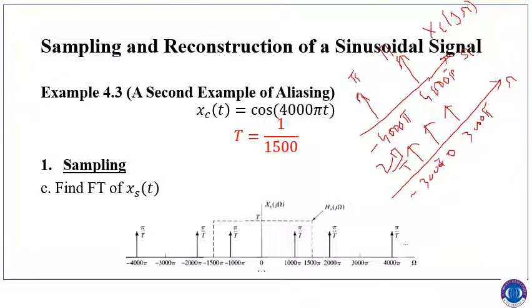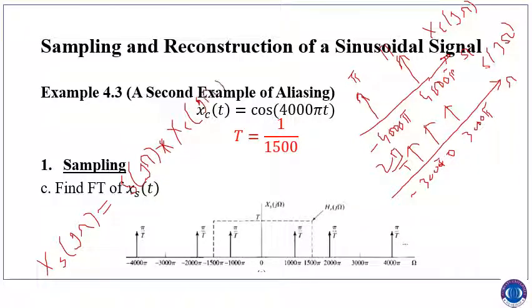So this was S of j omega. So if I convolve this with xc of j omega, after convolving we will get this signal. So how do we get this signal? First of all, 0 with this, so our spectrum will become 4000 pi, 4000 pi.